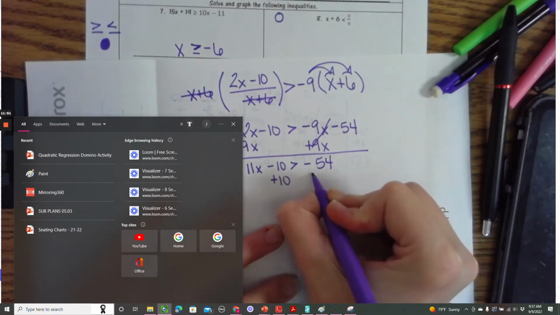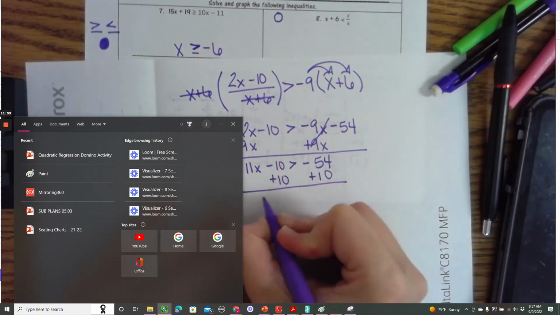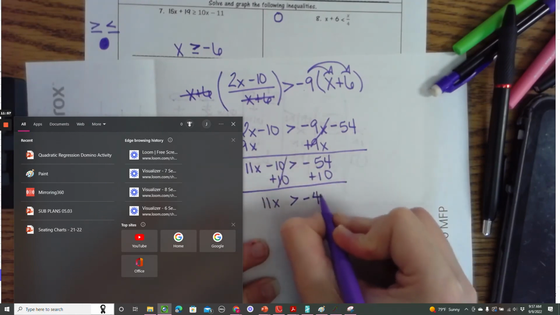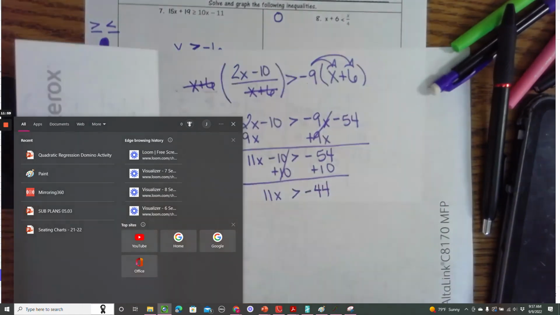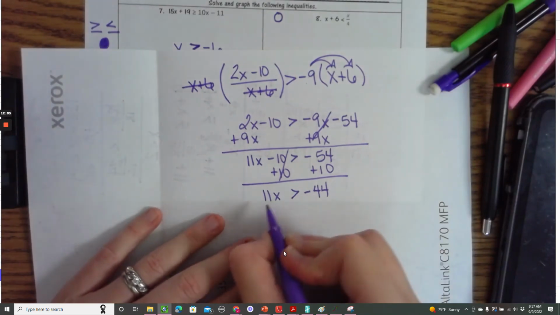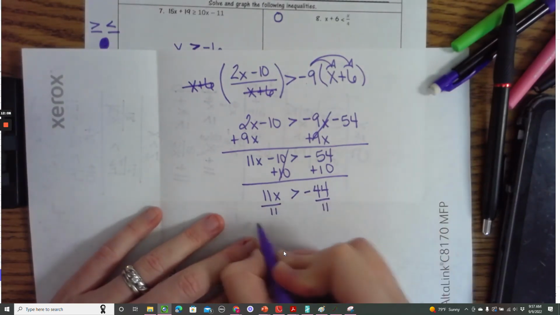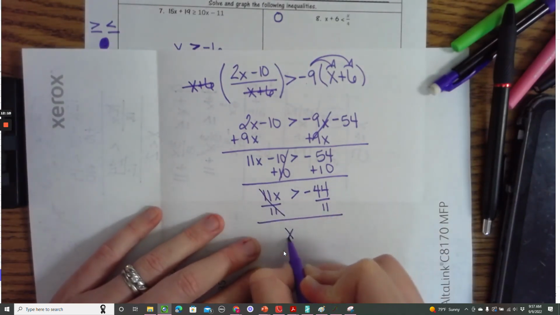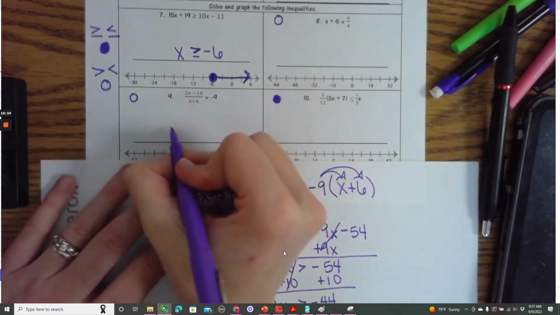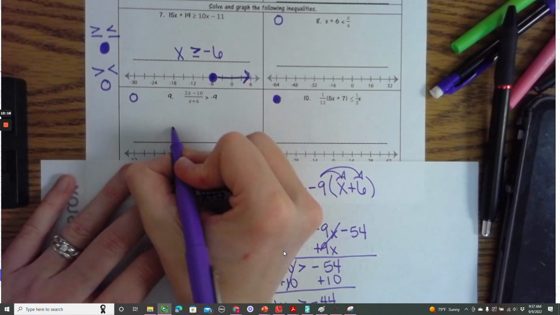We're getting there. What do we do next? Plus 10. 11x is negative 44. Oh, sorry. Okay, what's my final step? So x is greater than negative 4.